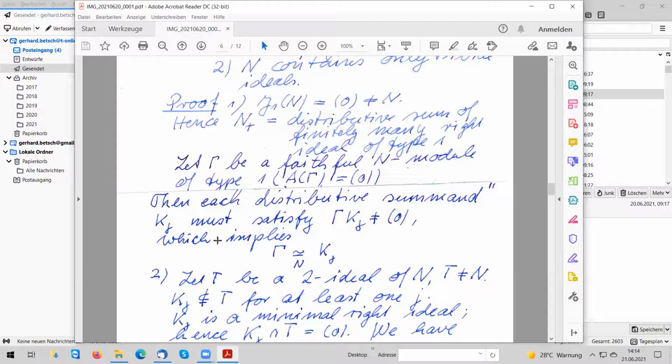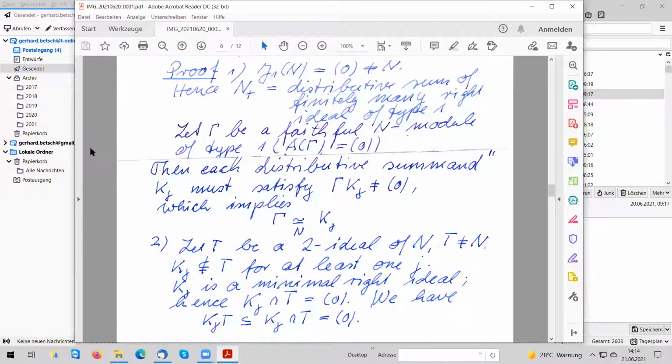Then each distributive summand, each Kj which appears in that distributive sum, must satisfy Γ times Kj not equal to 0, which implies Γ is N-isomorphic to Kj.